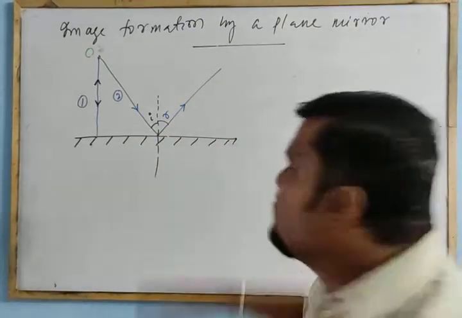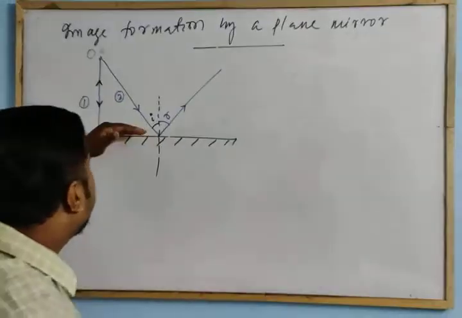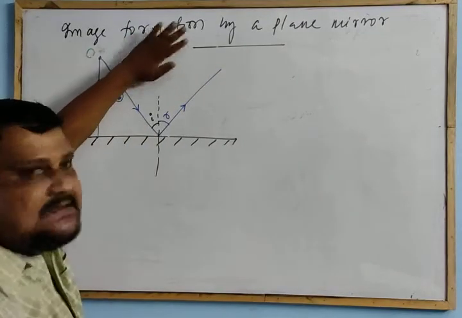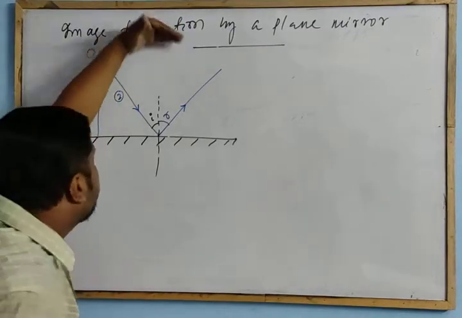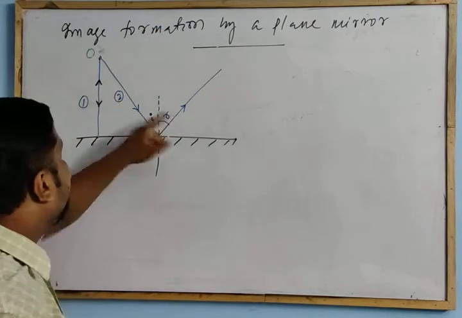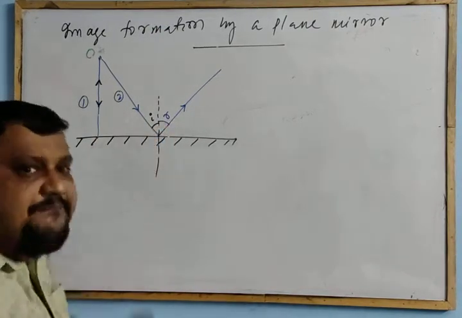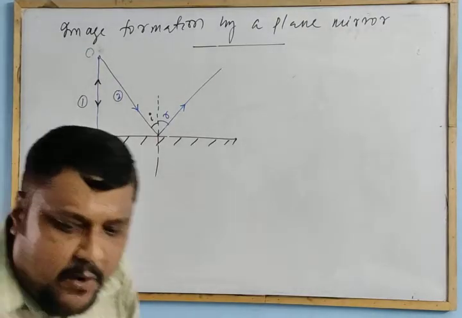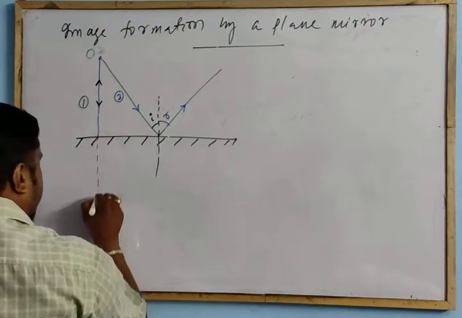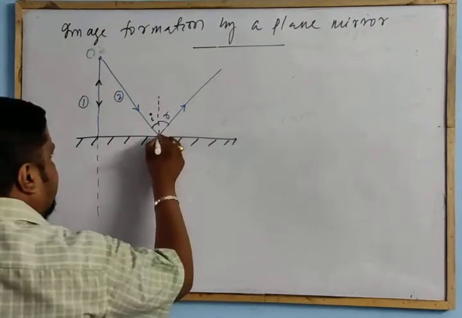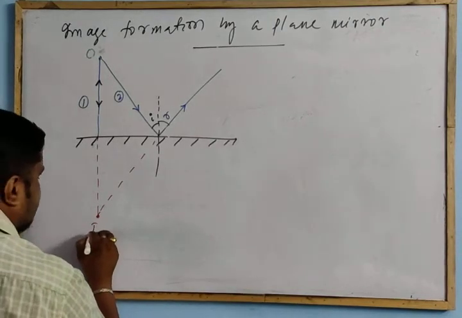Now, when you see from this side, you will see the image on this side, through this plane mirror. When I look on this side, these two reflected rays appear to come from a point. How? Now you see this, I will draw it.